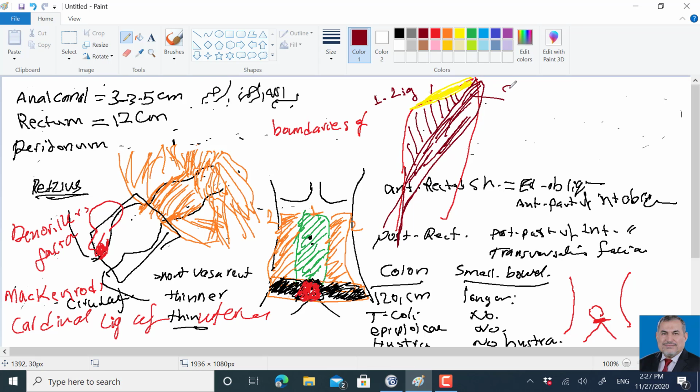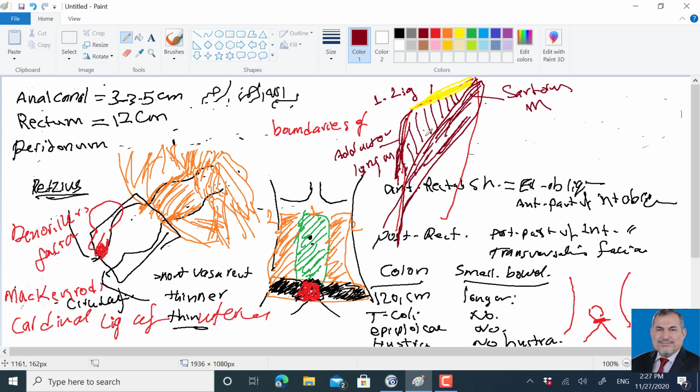This is sartorius muscle, and this muscle is adductor longus muscle. This is the femoral triangle.